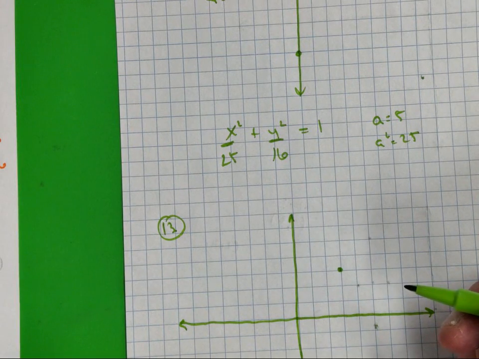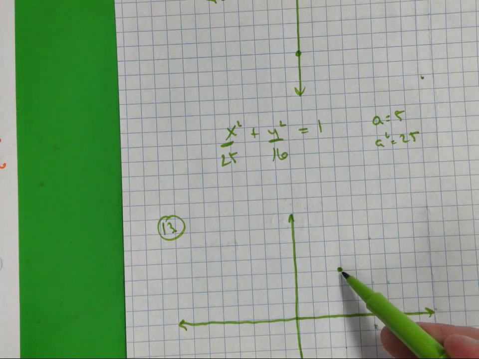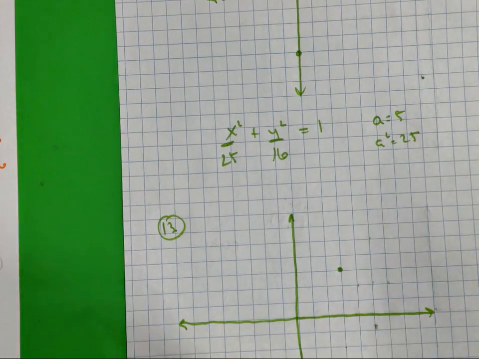It says the minor axis length is 6. I'm going to count from here to here. 1, 2, 3, 4, 5... 1, 2, 3, 4, 5, 6, 7, 8, 9, 10. So is this my minor? No. That's my major. So I've got to find the center of this thing.